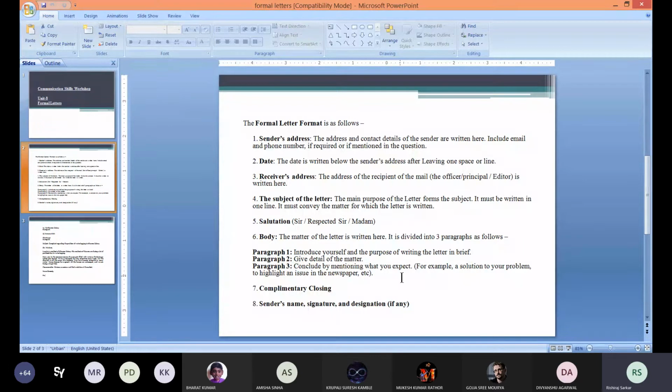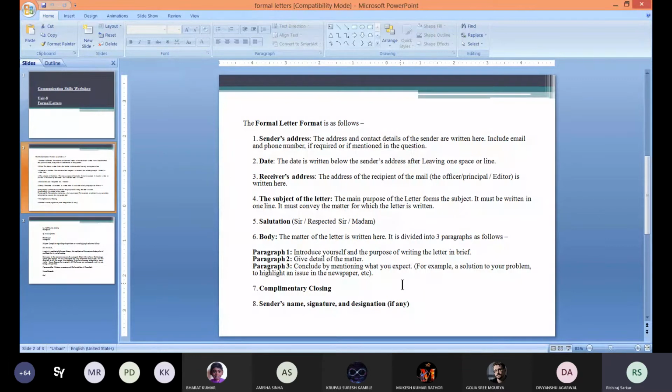In the second paragraph, the total detail of the matter. This will be the main paragraph, the content paragraph. And the third paragraph is only the concluding part, where mostly the request is there. What kind of solution are you expecting? What kind of request is there? People write, grant me the permission for the same and oblige, so putting in an obligation.